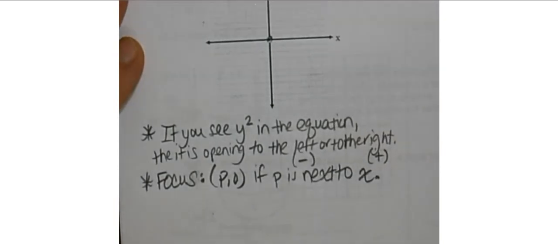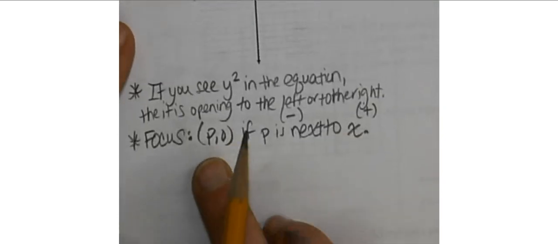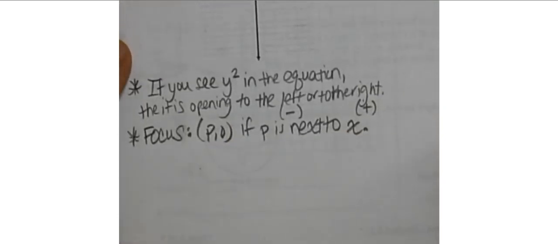So what I mean by next to x is that we have 20 next to x. That indicates that we're going to be working with a p-value that is going to be our x value. So we have ourselves our ordered pair of p comma 0, and that happens if p is next to x. P could be next to y depending on the type of function that we are given.